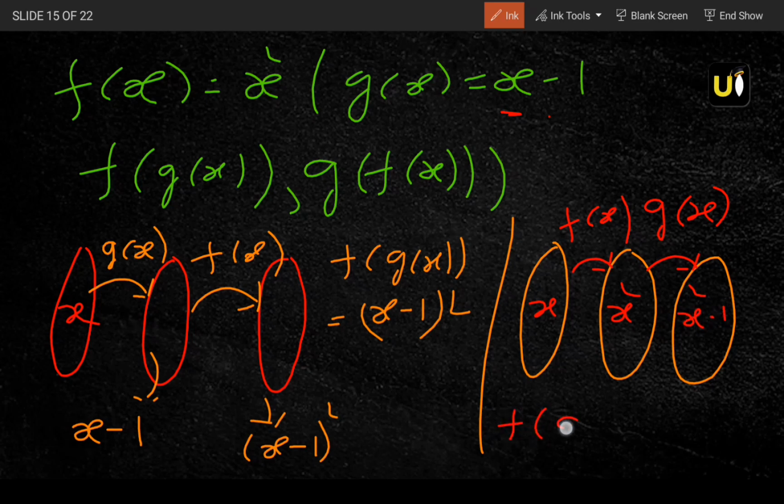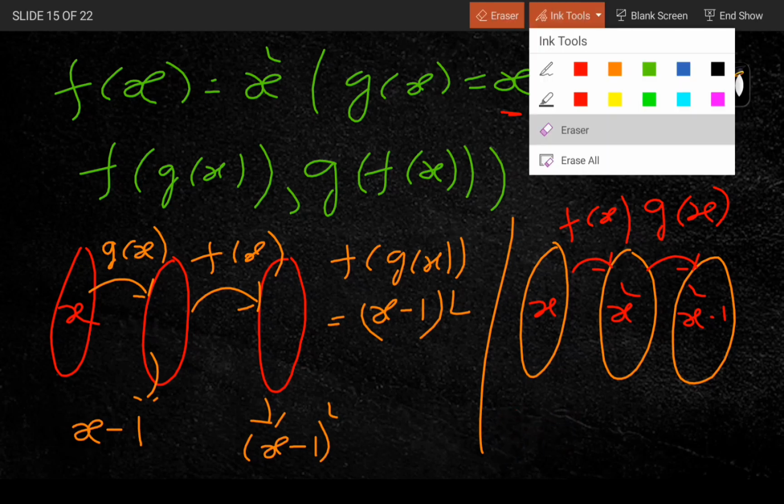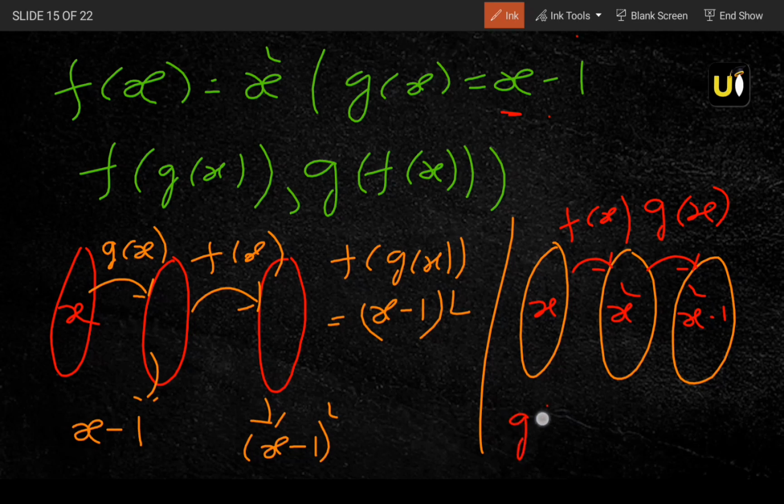So, let me erase it and write it clearly. g of f of x is equal to x square minus 1. This is x minus 1 whole square and this is x square minus 1. This is how we actually determine the f of g of x and g of f of x values.